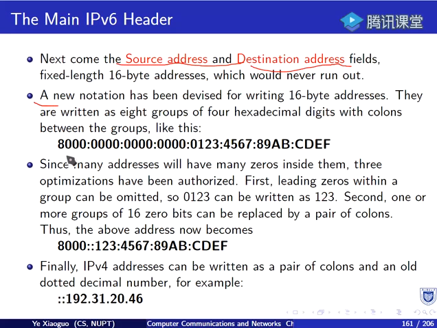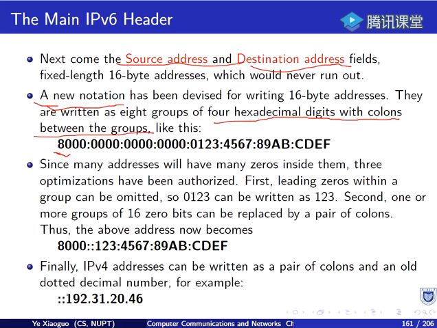They are written as 8 groups of 4 hexadecimal digits with colons between the groups. This is a new notation for IPv6.